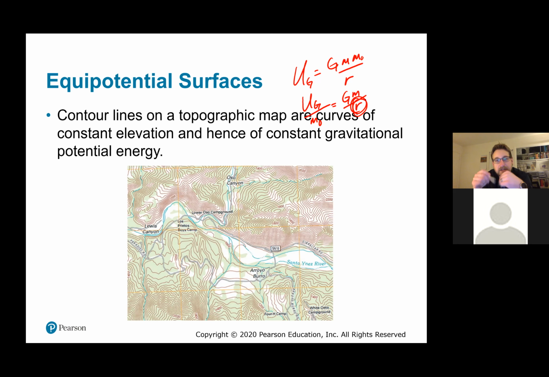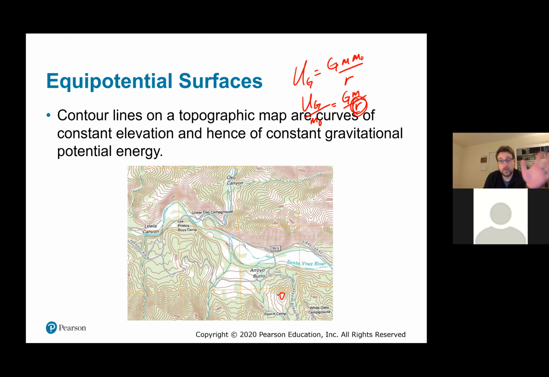Drawing a line between the locations of all objects the same distance away from the center of the Earth means elevation lines. A line that collects all the points in altitude above sea level, which corresponds to the same distance away from the center mass of the Earth.